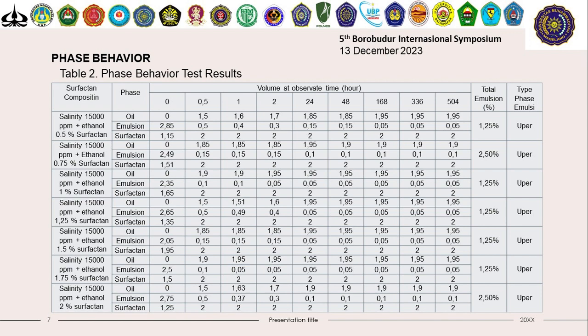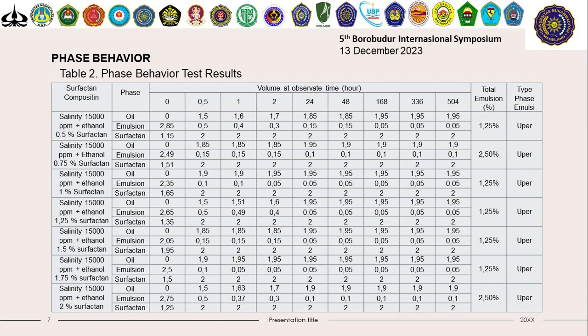Meanwhile, if we look at the concentration used, the variation of surfactant plus 0.75% ethanol is the best because it has a small concentration and is more economical compared to surfactant plus 2% ethanol.